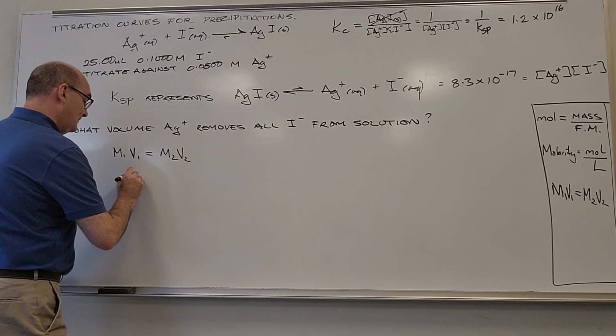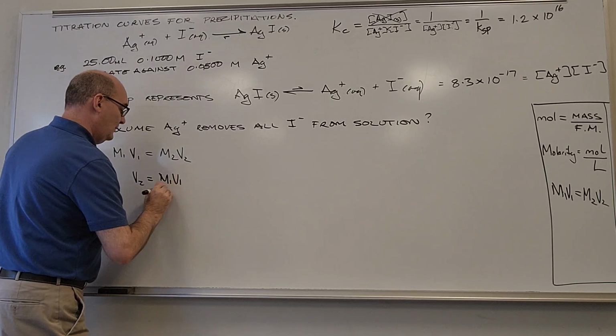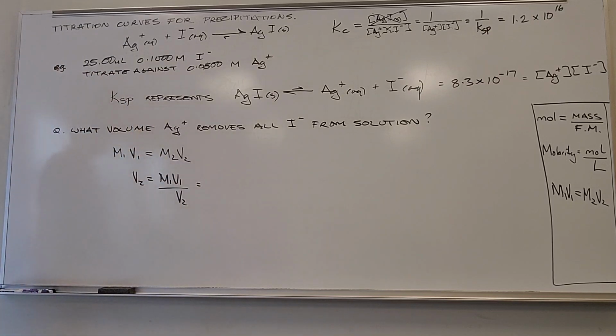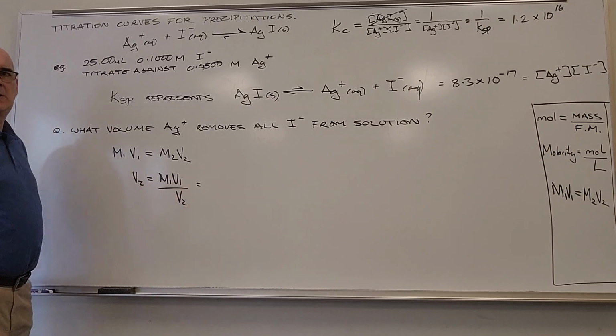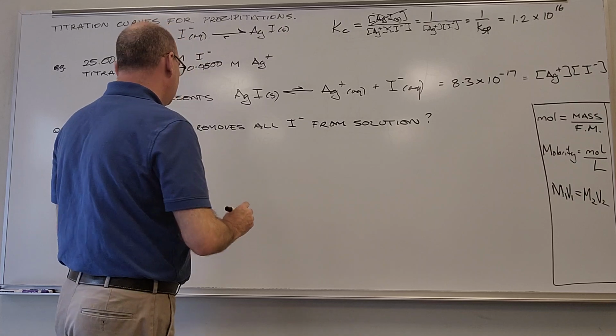So V2 equals M1V1 over M2. Do they need to be in liters? Not necessarily, just the same units. So long as they're both in the same units, they will cancel. So we don't need to be in liters yet.